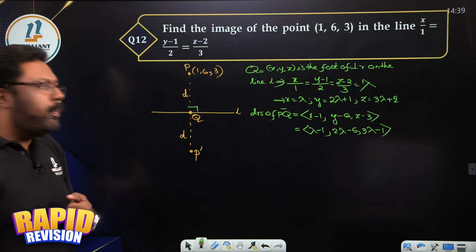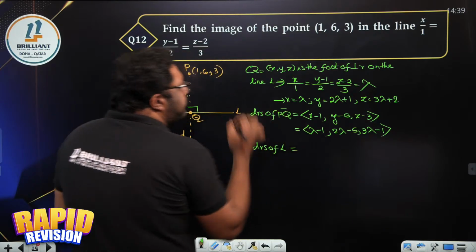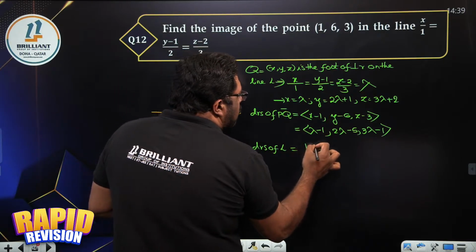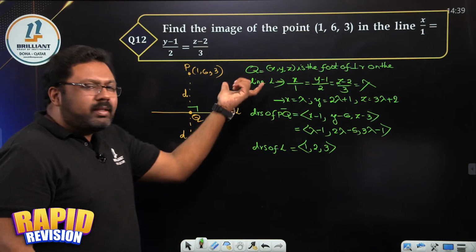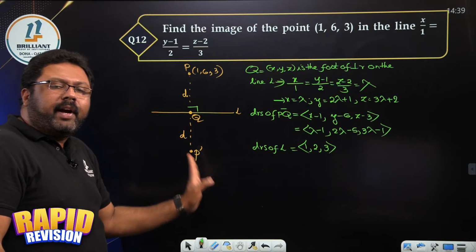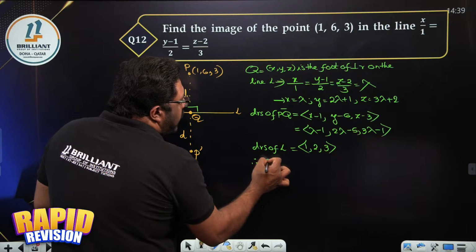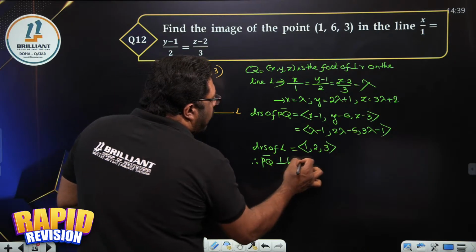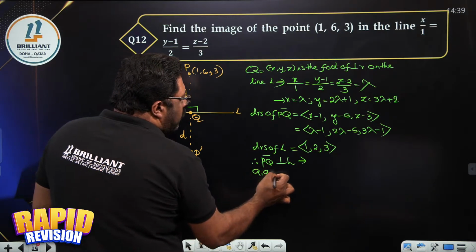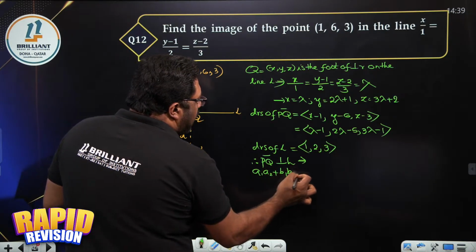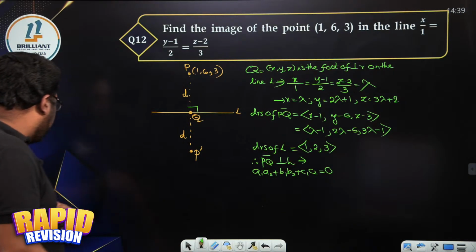This is the direction ratios of PQ. Direction ratios of L: 1, 2, 3. So I got the same method. I am trying to find the foot of the perpendicular Q here. Therefore, PQ perpendicular to L implies a1a2 plus b1b2 plus c1c2 equal to 0.